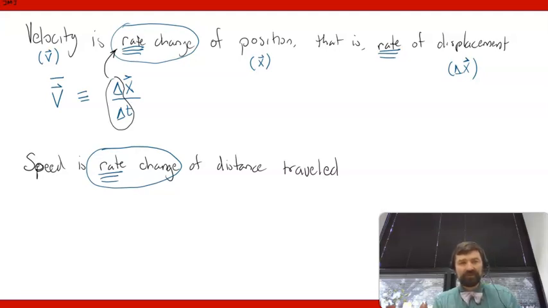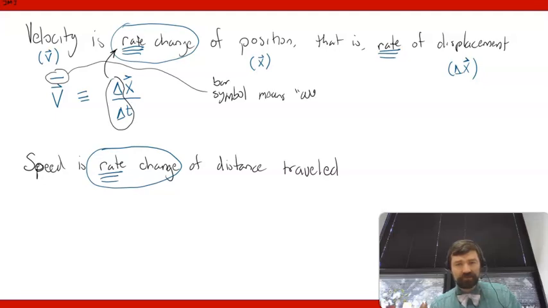Okay, and then this little bar over the top of it, this bar symbol means average. Now, we talked in an earlier review video about what average means, and there are different types of average.